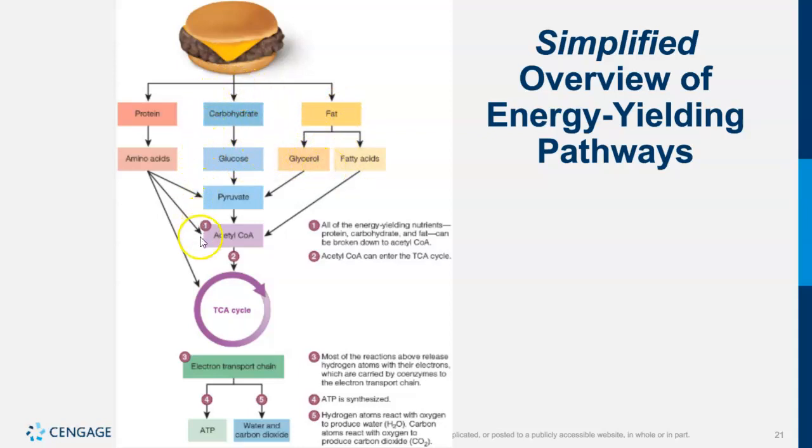We're going to talk about this pathway for the carbohydrates: glucose turns into pyruvate, pyruvate into acetyl-CoA, acetyl-CoA goes into the TCA cycle, and the hydrogen ions that are produced from the cycle can be shuffled off to the electron transport chain to make more energy.